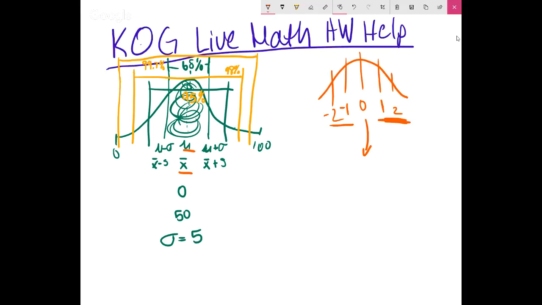Okay. So let's do some exercises on this situation. So this is the z-score distribution. Trying to see if I should do it with this little bit of room, but I think I can.